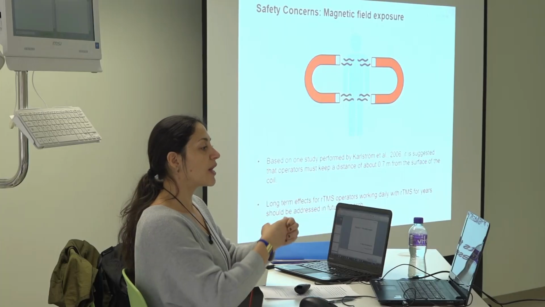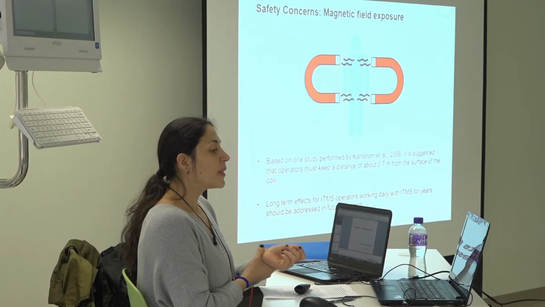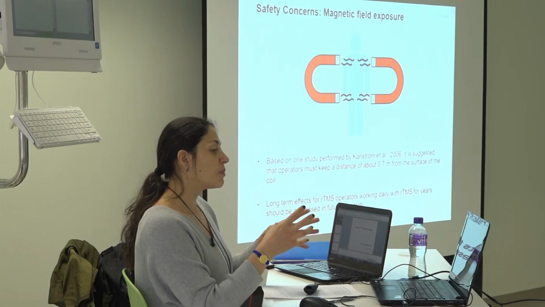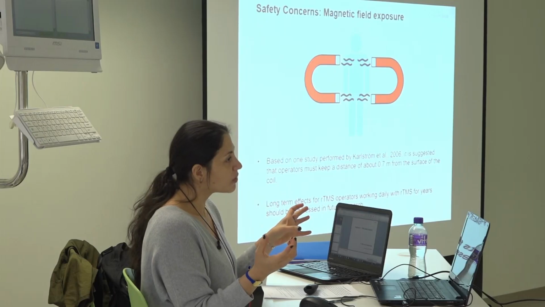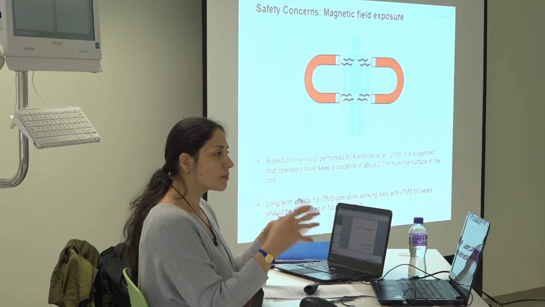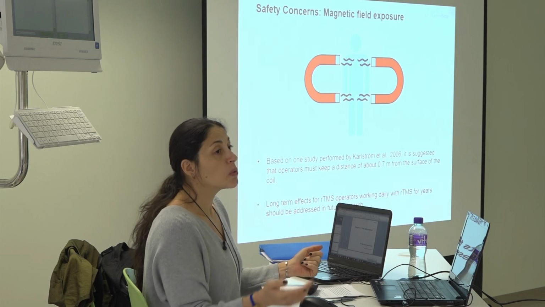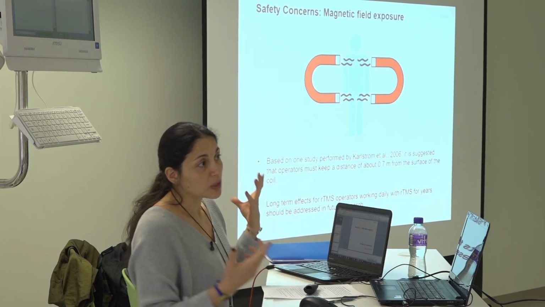Obviously this was not exposure for years and years and years. It is not known, but as a safety guideline, one study says that the distance to keep when you are operating should be 0.7 meters from the surface of the coil. I'm not sure if we follow that, 70 centimeters. And yeah, it's not known if using the coil will do anything.